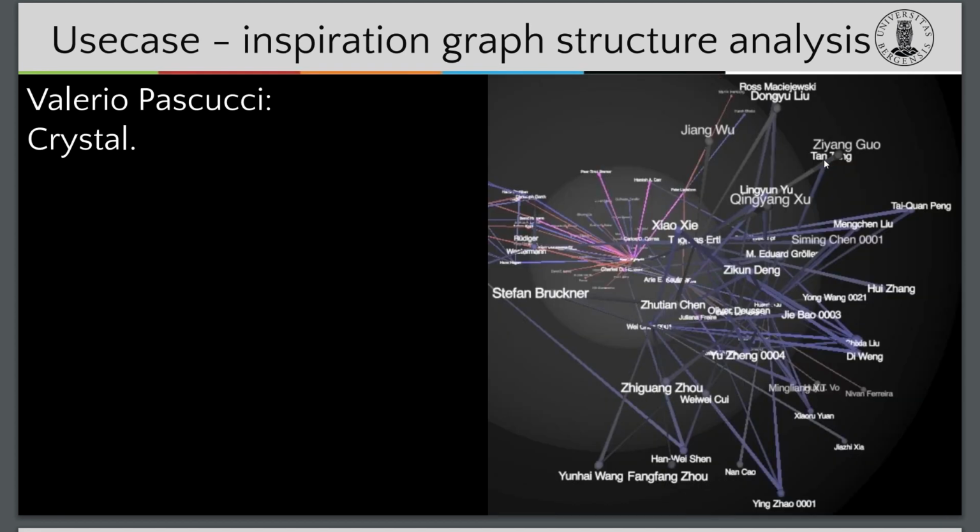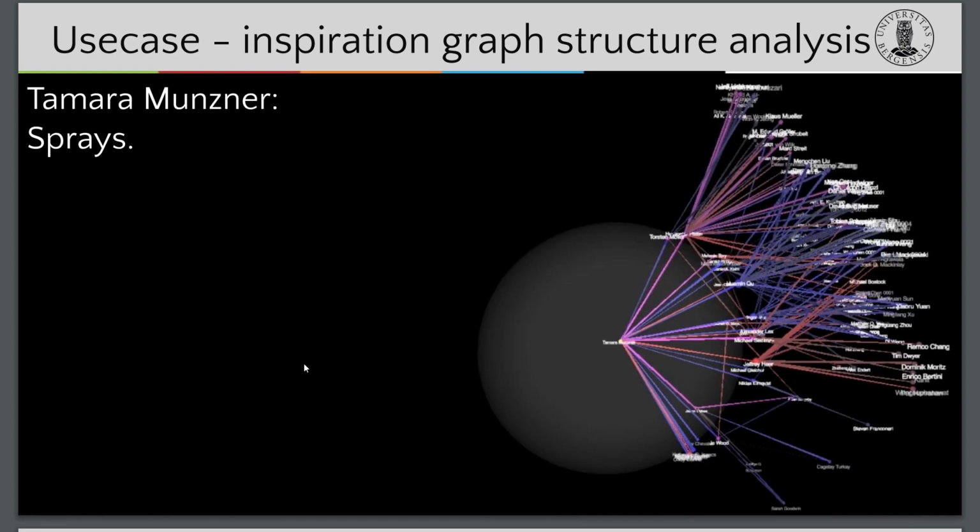Looking at Valerio Pascucci's structure, you can find this crystal shape or this crystal structure, which itself consists of many of these substructures identified by Young. And there's, of course, some other structures that you can see.